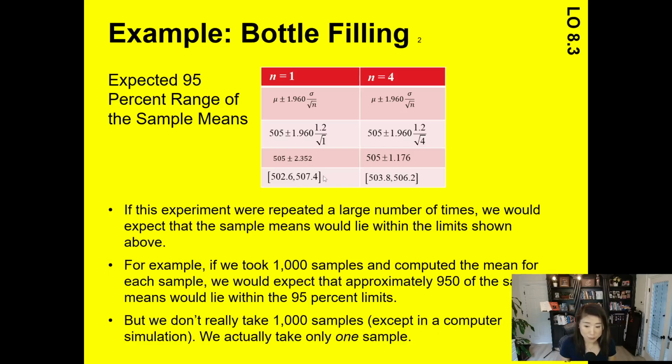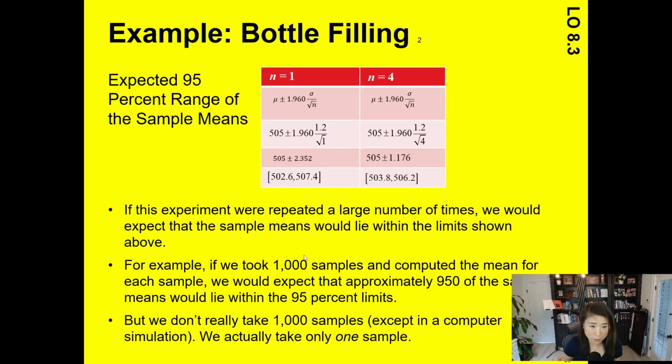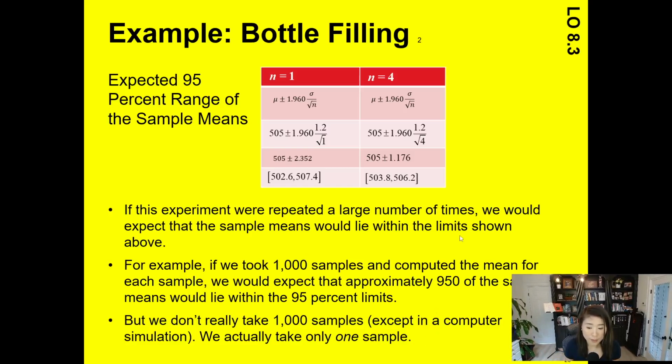If we look at when the sample size equals 1, that means if we took 1,000 samples, each sample has only 1 data point. We go back 1,000 times, each time we grab 1 bottle and compute a mean, and we would expect approximately 950 sample means to fall within 502.6 to 507.4.